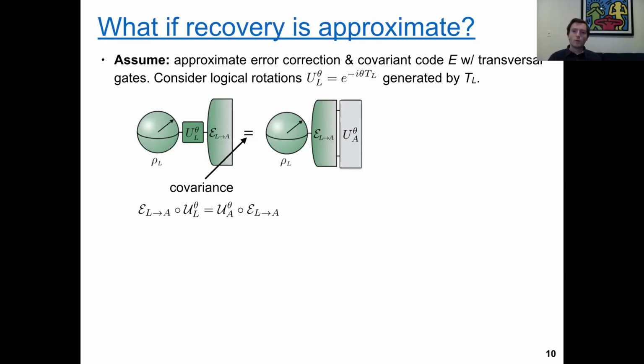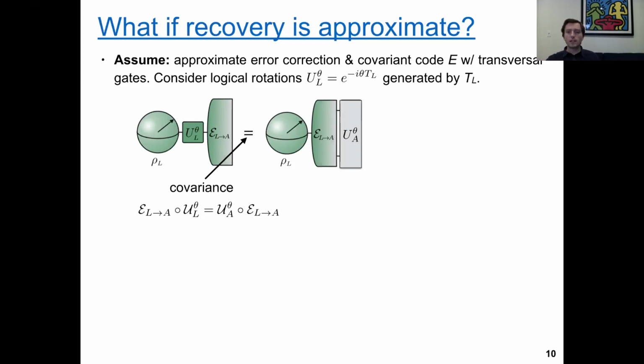So what we want is that if we want to implement a rotation by some angle theta on the logical level, this can be done by implementing a unitary which depends on the same parameter theta on the physical level. That's what covariance tells us: the unitaries will be parameterized by the same parameter theta.